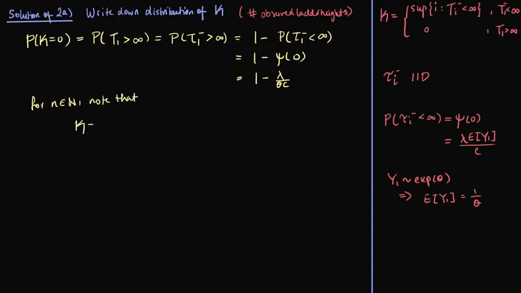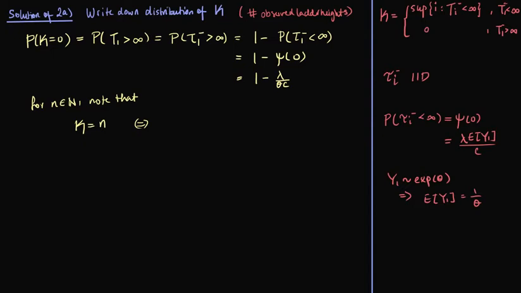It is equal to n if and only if the first ladder time is finite, the second ladder time is finite, the third, and so on, and the nth ladder time is finite, but the n plus first is not.